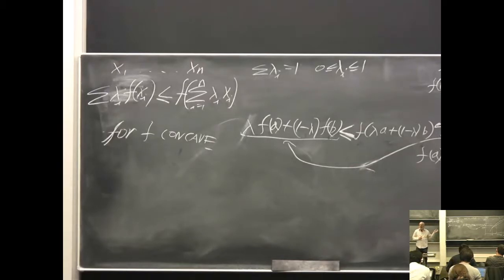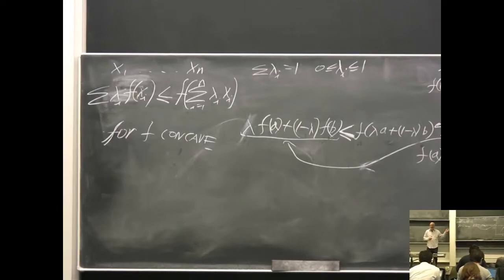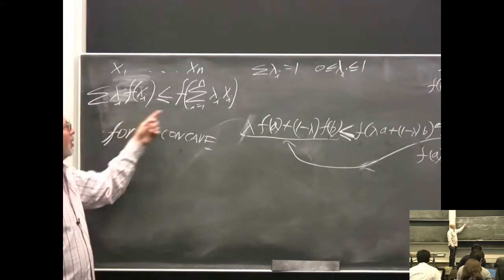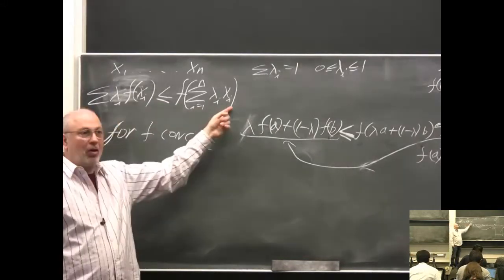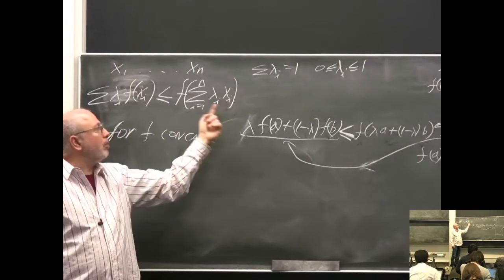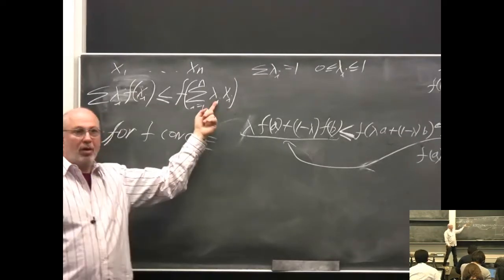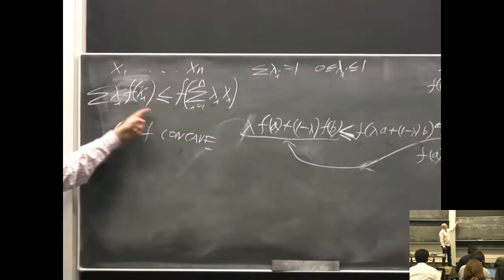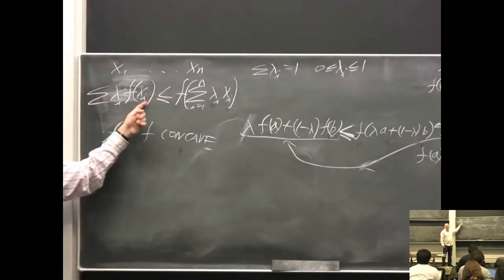This is true for any finite number of data points x1 through xn. It is actually also true for an infinite number of data points, and it's even true for the continuum of points. So if I converted this into an integral, f applied to the integral with this integrand is going to be greater than or equal to the integral of f. I can write that down.